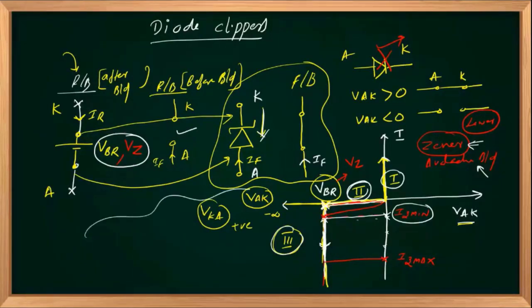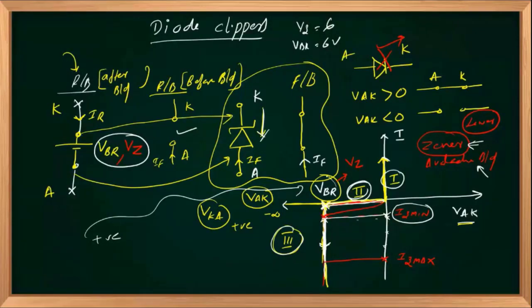So VBR or VZ is normally expressed as a positive value. Right, positive value. Let us say VZ equal to 6 volts or 5 volts, or VBR equal to 6 volts or 5 volts.